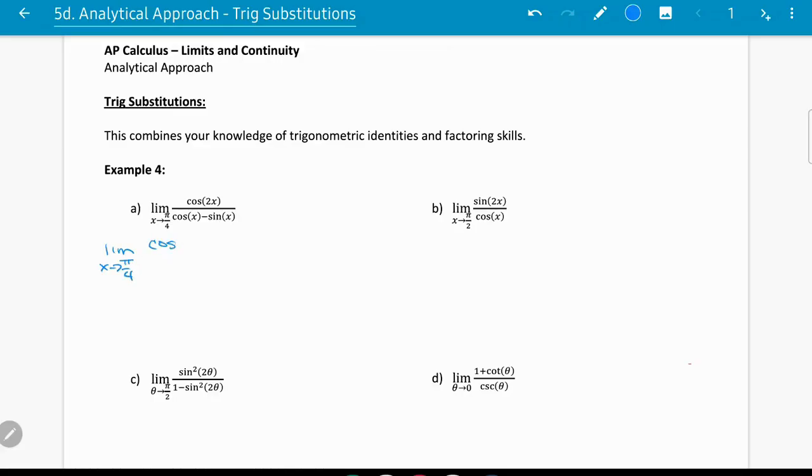Cosine 2x becomes cosine squared x minus sine squared x over cosine x minus sine x. So then the limit as x approaches pi over 4, we can factor the numerator as the difference of two squares.